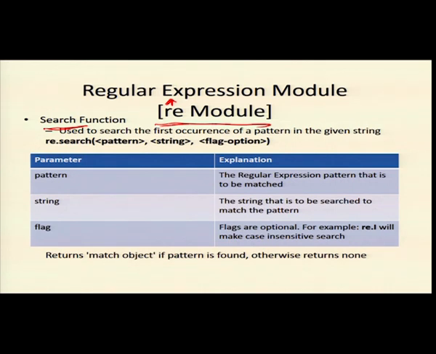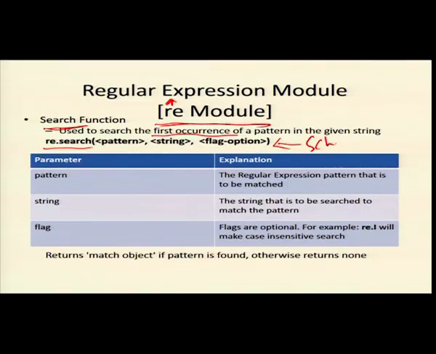Now, the search function is used to search the first occurrence of a pattern in the given string. My dear viewers, kindly make a note of it. RE dot search takes the pattern, the string, and the flag option.